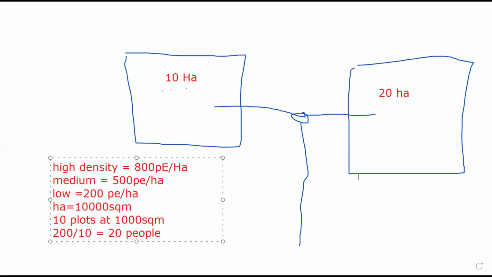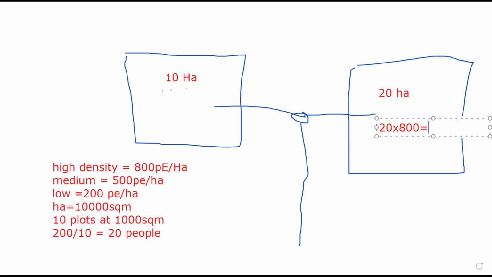Okay, so now, these 20 hectares automatically mean if it's a high density area, you just say 20 times 800, and that will be 16,000. So for a 20 hectare land, you are designing for 16,000 persons. Therefore, the water demand going to this land will be 16,000 times 100, which is the requirement per person, times 2, which is our safety factor.